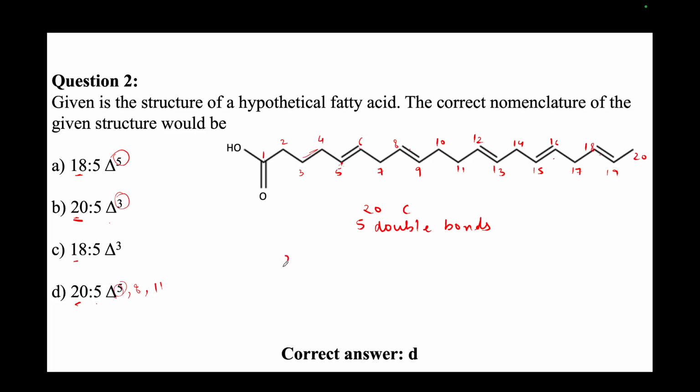Okay, so if I am giving you a fatty acid written like this, that means it has 20 carbons, the number of carbons. This is the number of double bonds.